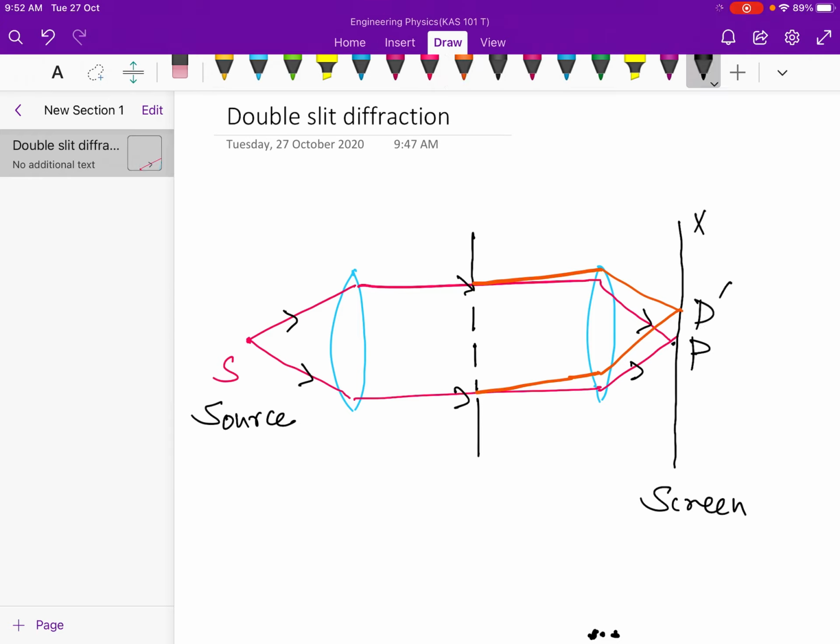So this is X, Y, your screen. Then let us draw a normal, like this, and all the points. Slit S1, slit S2.